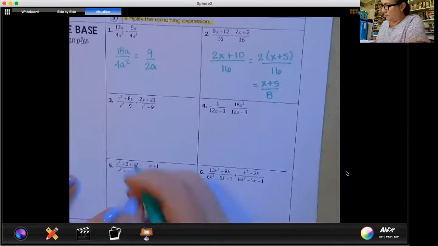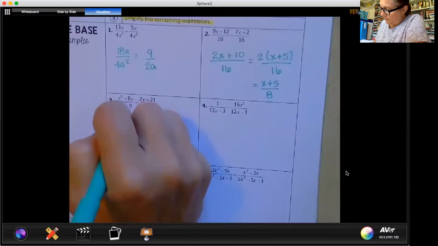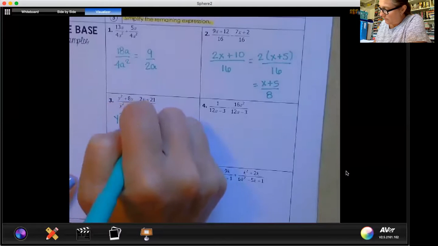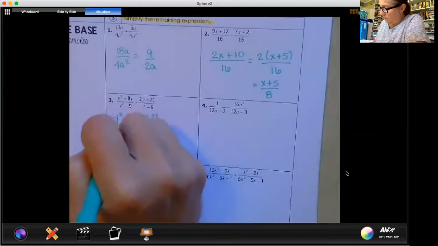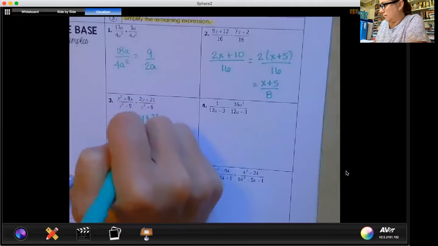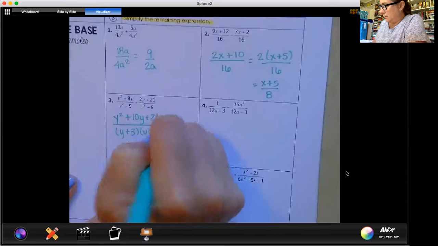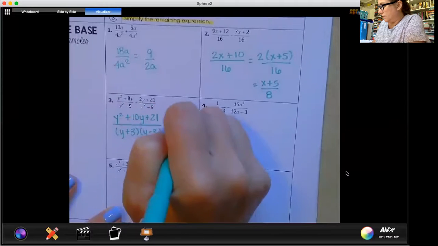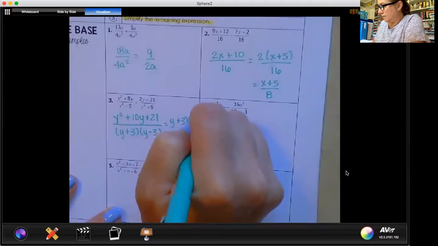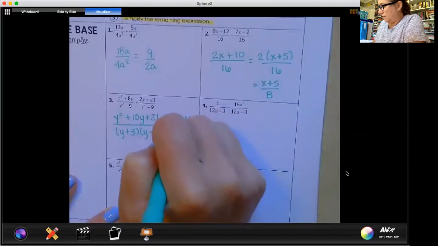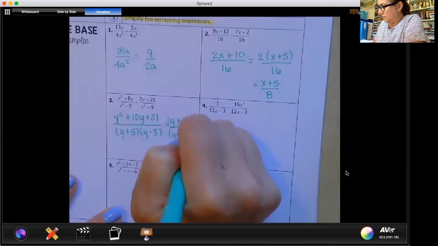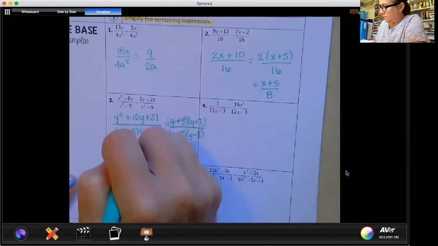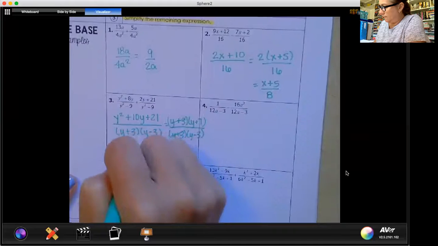And then for number 3, we have y squared plus 10y plus 21. I'm going to go ahead and factor that denominator. And then you have y plus 3 and y plus 7 over y plus 3, y minus 3, which is y plus 7 over y minus 3.